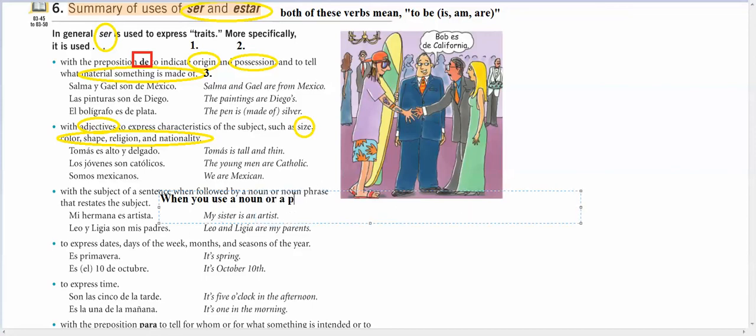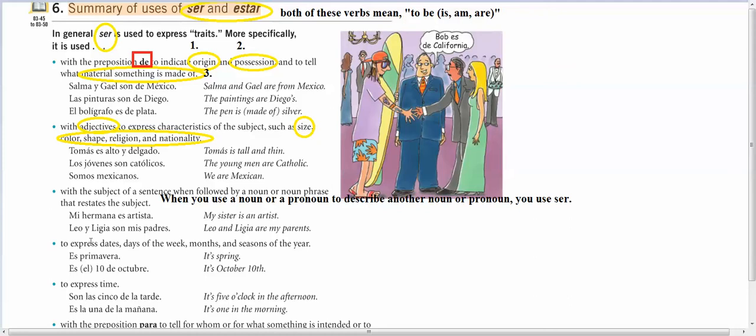Mi hermana es artista, because what you've got going on right here is mi hermana, that's one noun, and artista is another noun.